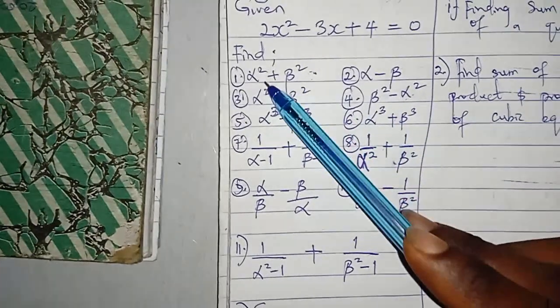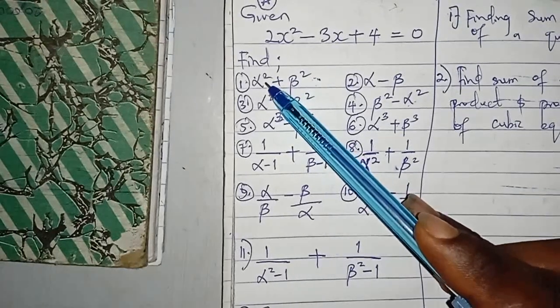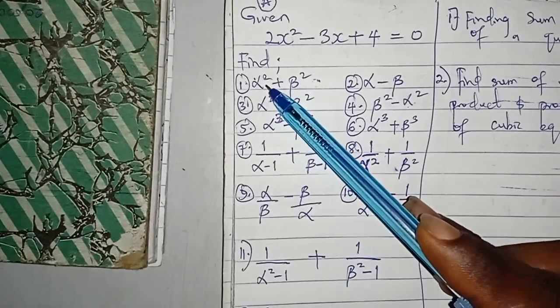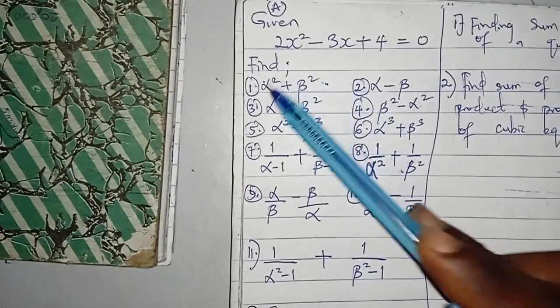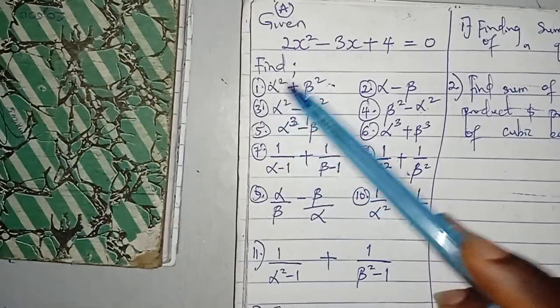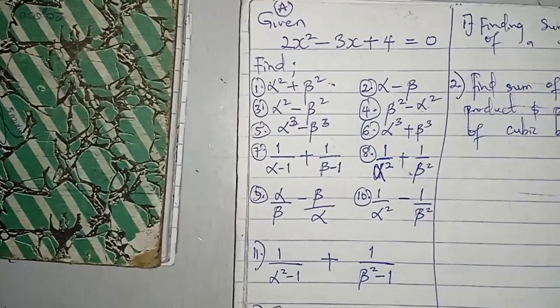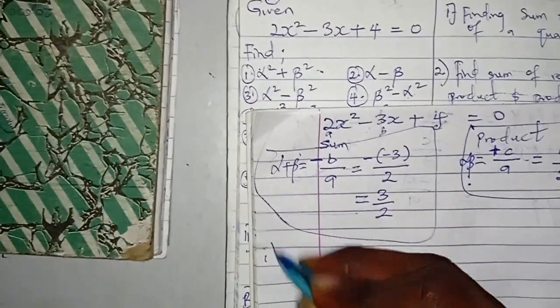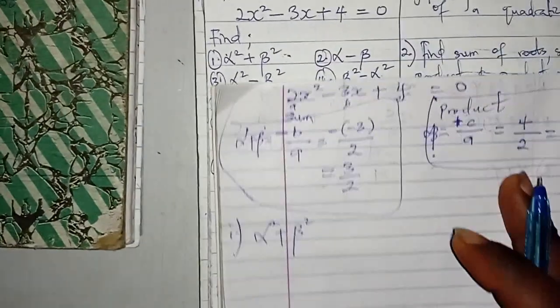If you remember how we derived the sum and product of a quadratic equation, we didn't account for this; there's nothing like this there. So let's see if we can convert this. The I part is alpha squared plus beta squared they are asking me to find.